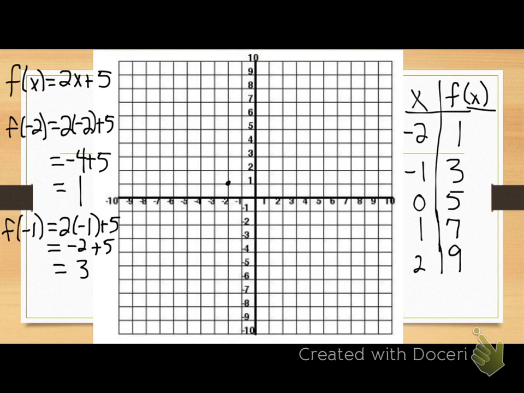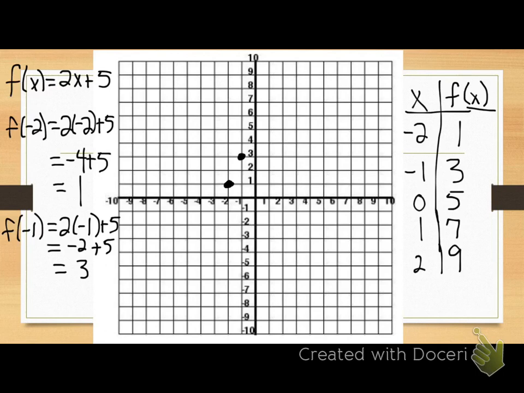Left 2, up 1. Put my ordered pair. We okay with graphing ordered pairs? -1, 3: which 2 directions and how many units? Left 1, up 3. It's a -1, so I'm going left. +3, so I'm going up. We okay with that one?